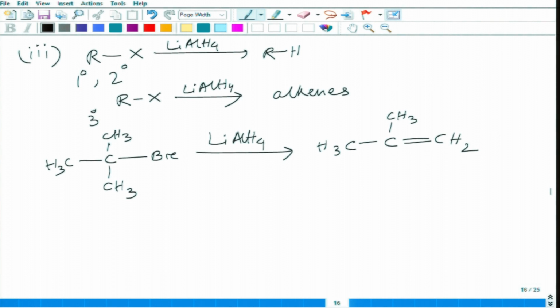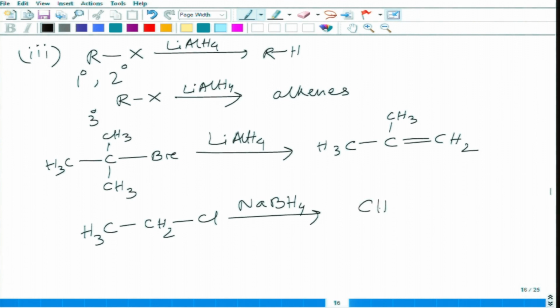So, let us say we have ethyl chloride and we give NaBH4 here. Since it is a primary alkyl halide, will this be converted to ethane?